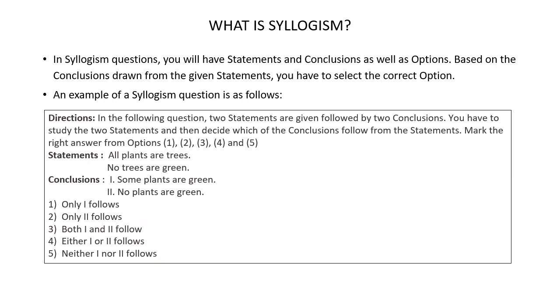Now to solve syllogism questions, the easiest way is to draw a Venn diagram for the given statements, and based on the Venn diagram, decide which of the conclusions follow. Then mark the right answer from these options.